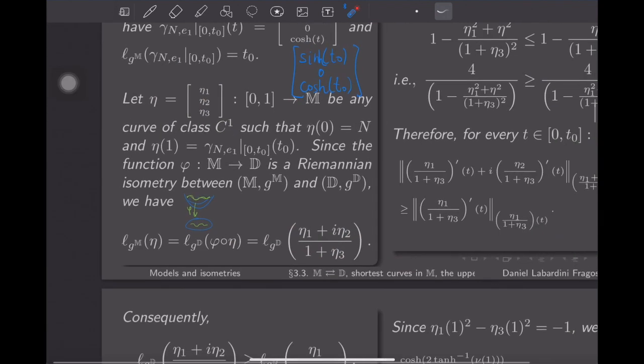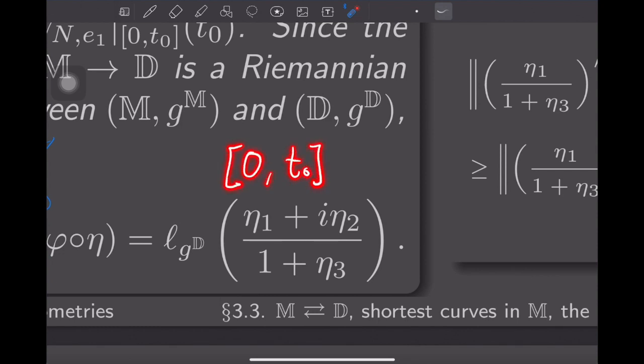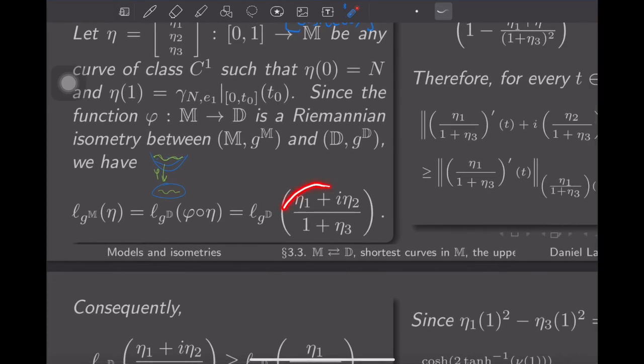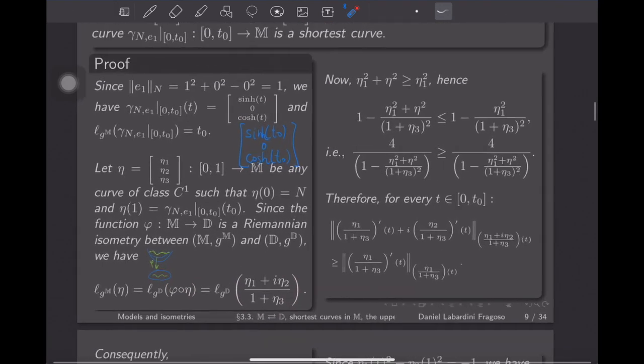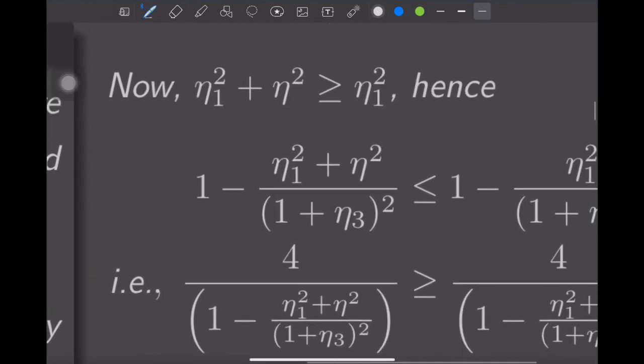So this is really a function that goes from 0 to t0 to the disk. And then this is equal to this. Now, of course, here I forgot to write 2. I think it's 2 here.